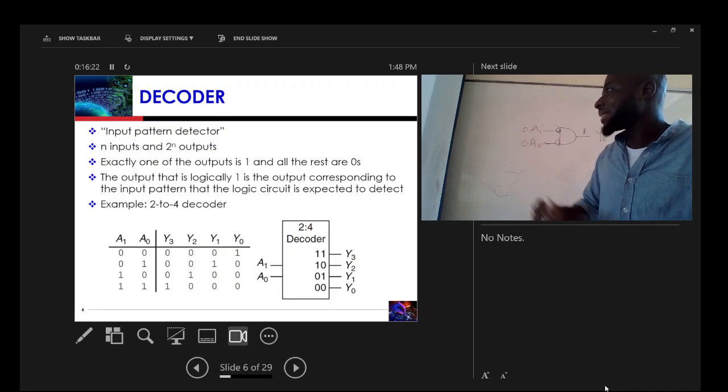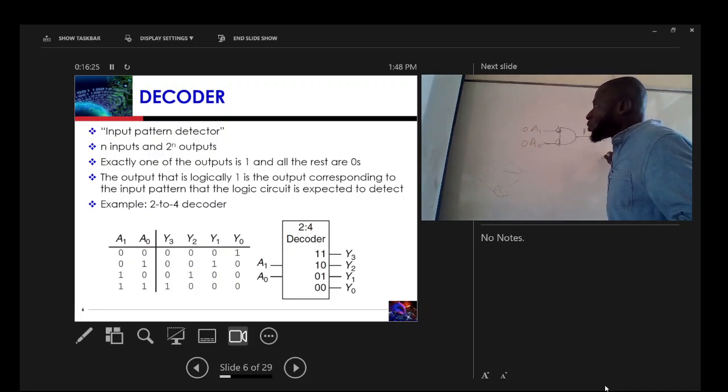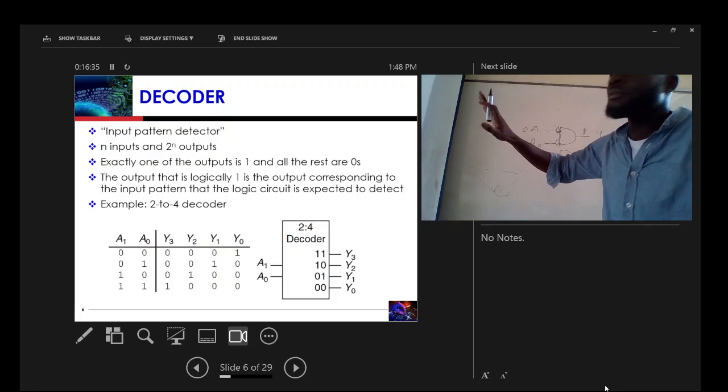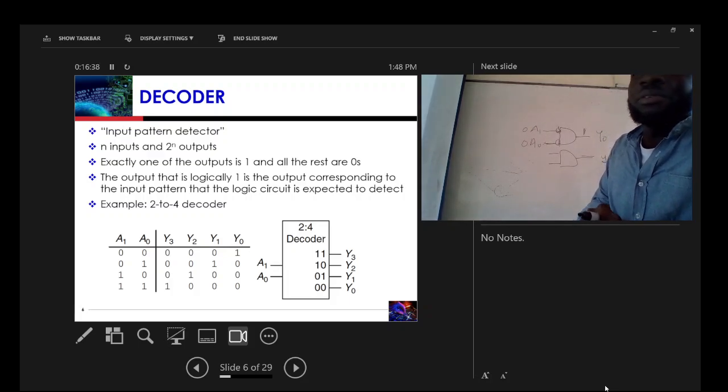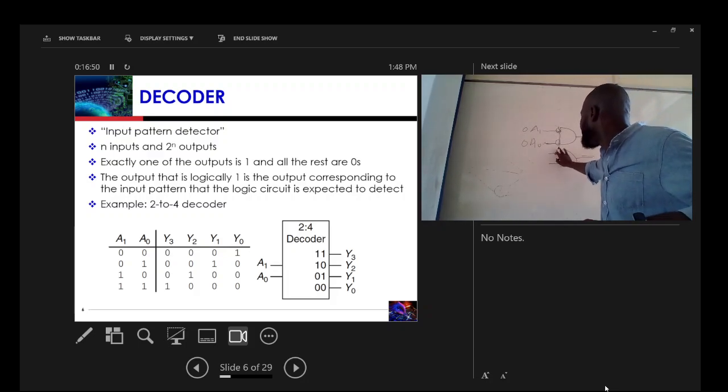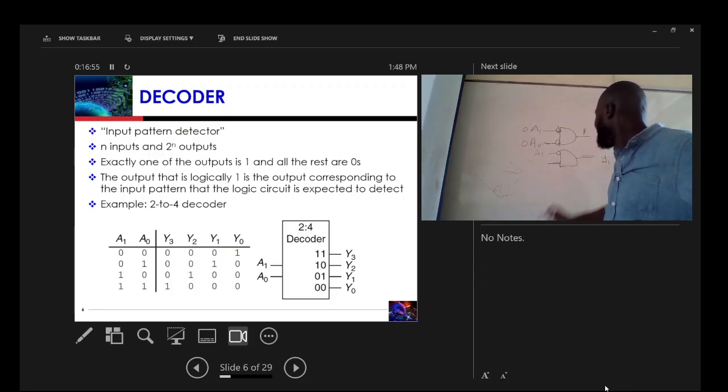So the next one. We have done Y0, so let's look at Y1. The same A1, A0. For Y1, A1 is 0 and A0 is 1. So all I do is invert A1 and keep A0, and then this is my Y1.